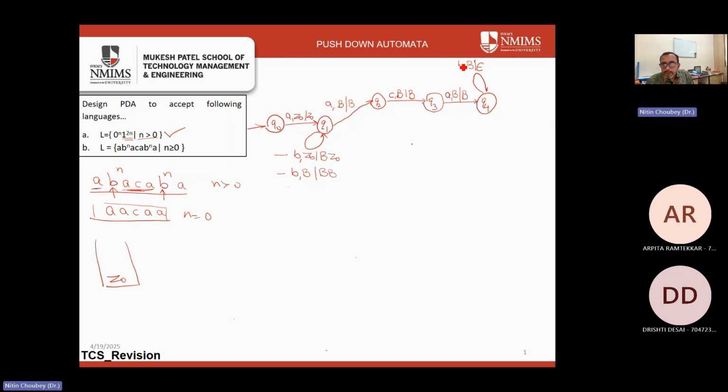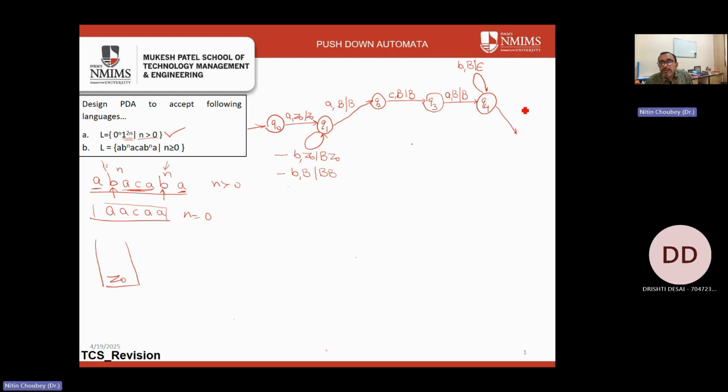And if we have the same number of B's here as well as here, this whole process will end when we get A as an input and Z0 as the stack top.